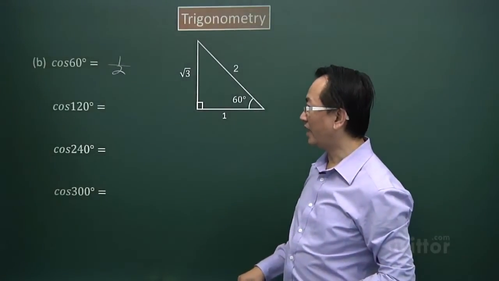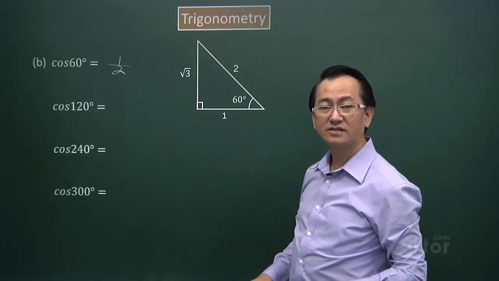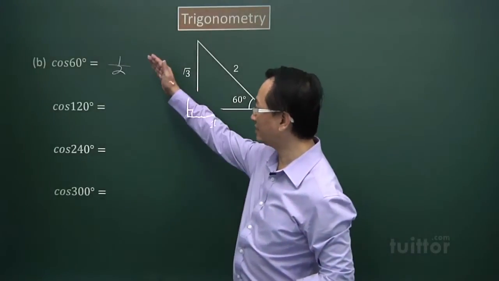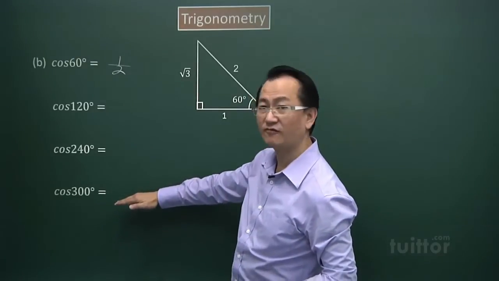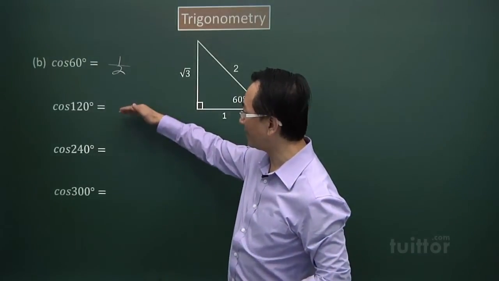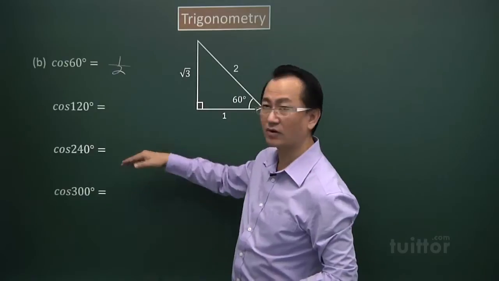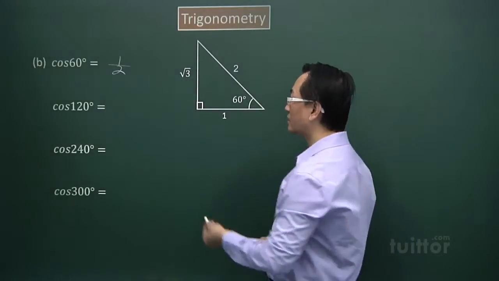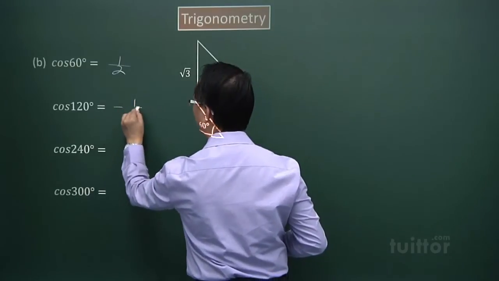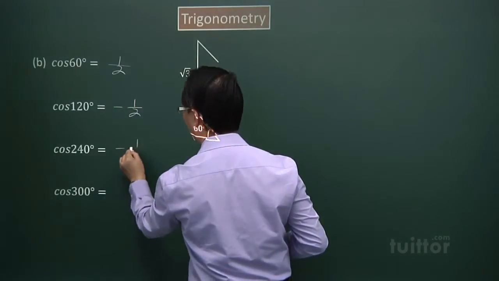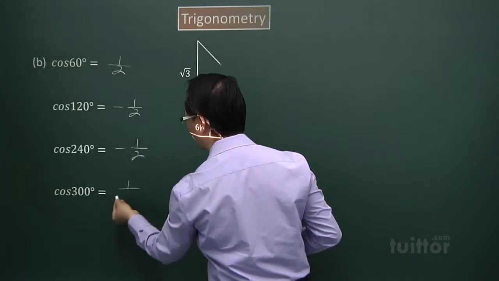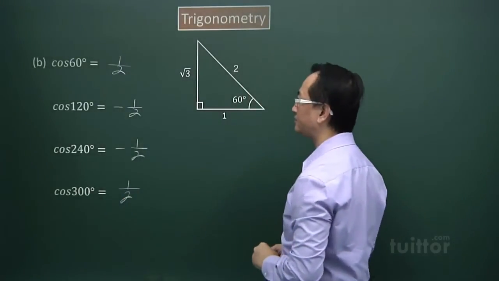Now we know that cos value will be positive in the first as well as the fourth quadrant. So the second and the third quadrant for cos will be a negative value. So I will have a negative half here, negative half, and finally cos 300 degrees will be half.